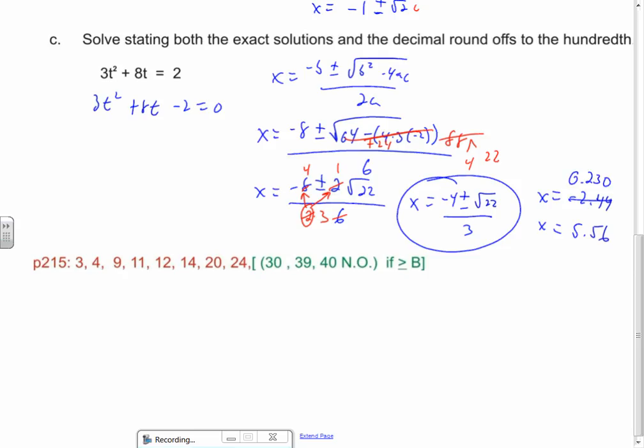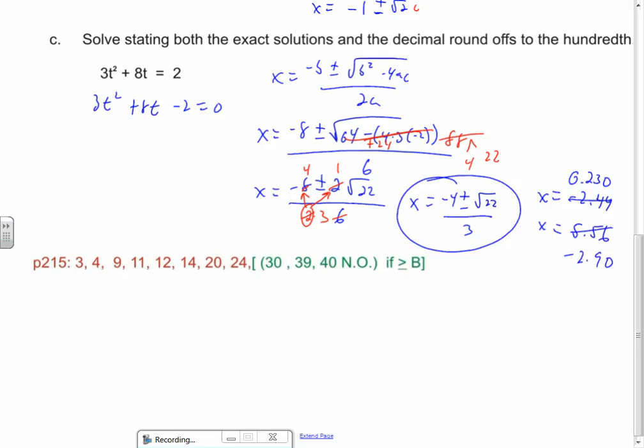And the other, what did I just do? Probably the plus, right? Plus minus button, plus 4, plus minus button equals, divided by 3 equals, negative 2.90. Okay.